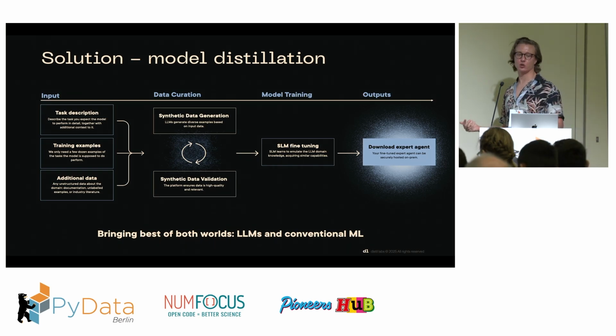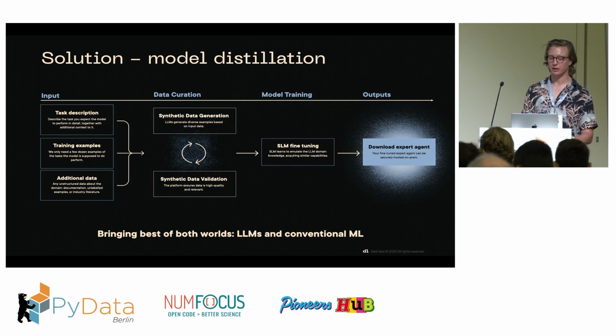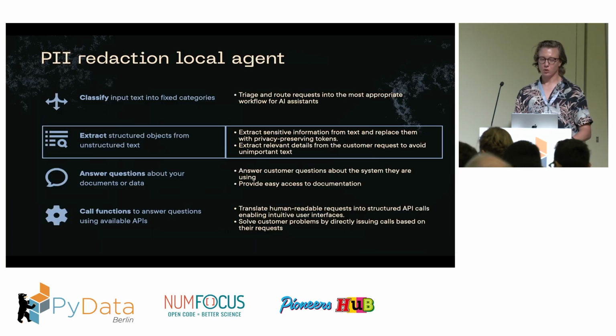And this data set is then used to fine-tune a small language model for it to become an expert at a given task. And then the model is given to you as the user. So that's the high-level idea. I understand this is maybe a little bit abstract, so what I want to do is go through one use case of information extraction.